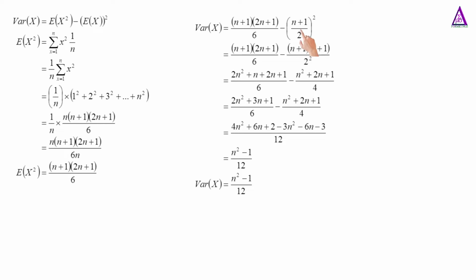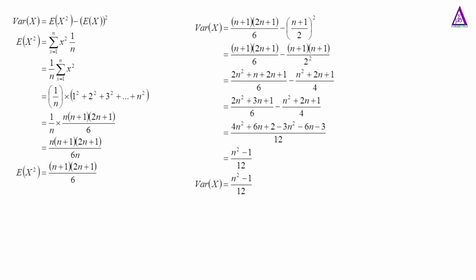And when we expand that of ((n plus 1) divided by 2) all squared, we have equation 2, which is (n plus 1)(2n plus 1) divided by 6, minus (n plus 1) squared divided by 4.